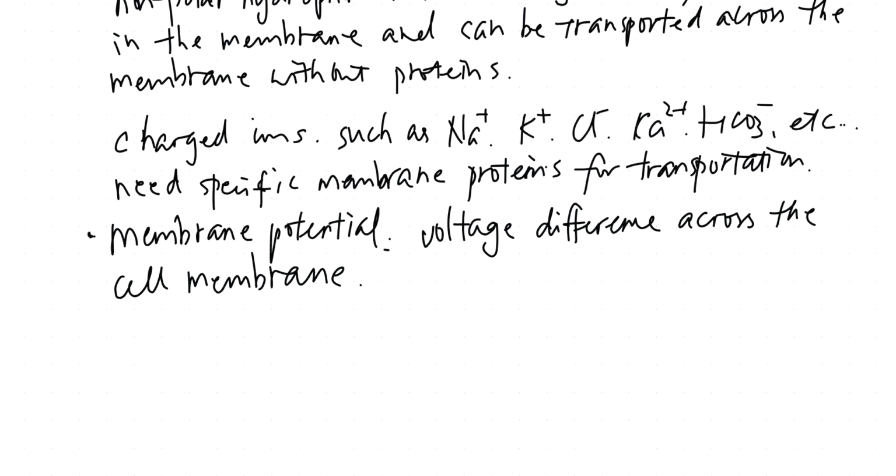M refers to membrane. By convention, we define it as the voltage inside of the cell minus the voltage outside of the cell. So that's what we call the membrane potential. This is the voltage difference across the cell membrane.